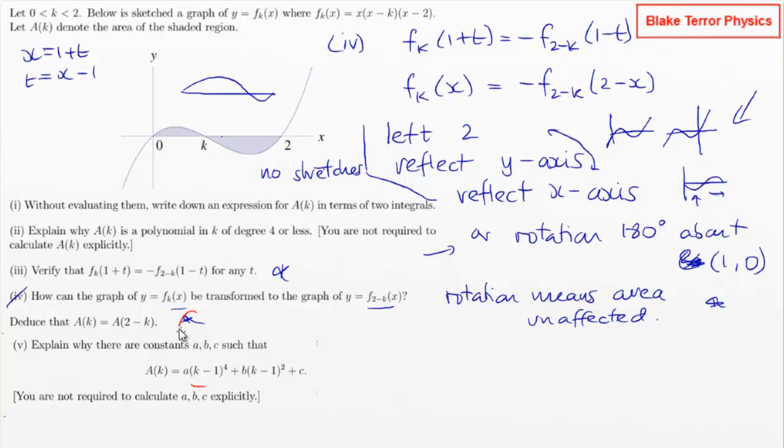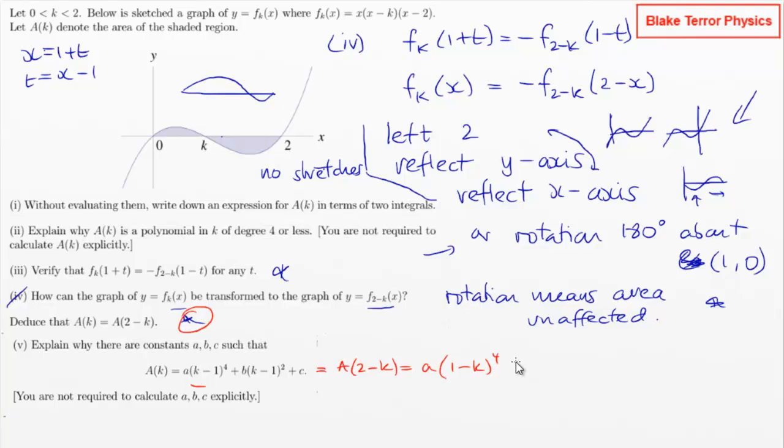But we do have this condition in the previous part of the question. So we know that if we put in k and 2 minus k, then they're going to be equal to each other. So we can say that that is going to be equal to a of 2 minus k, which is equal to a, so 2 minus k, so that would be 1 minus k to the 4.